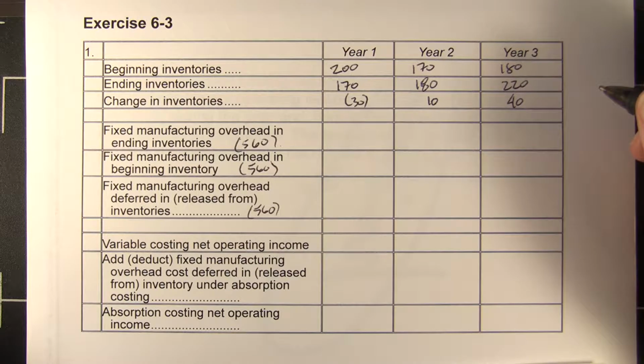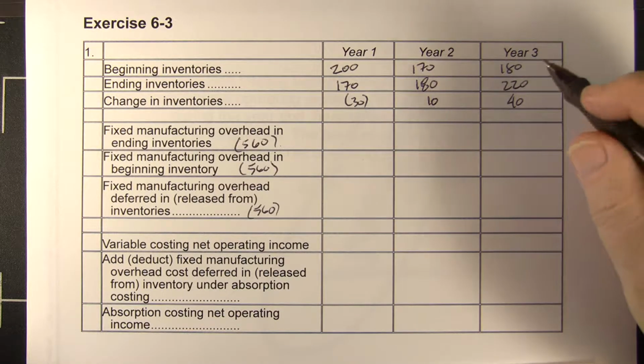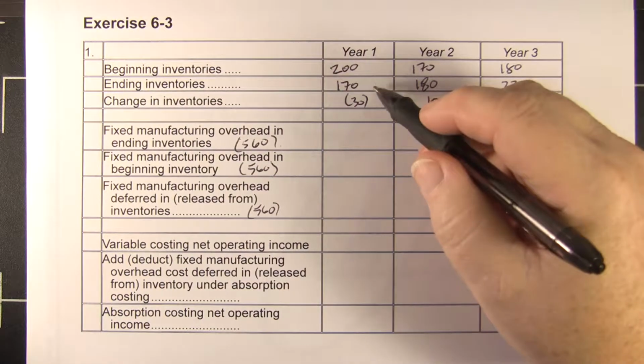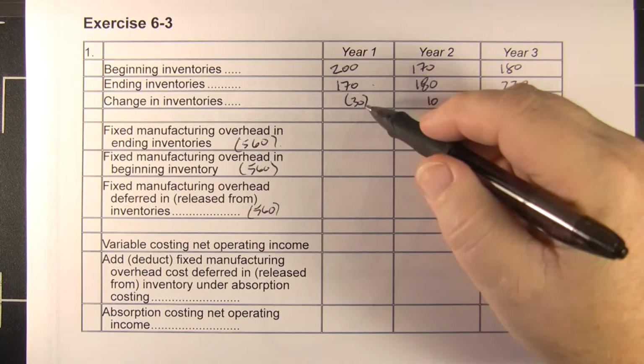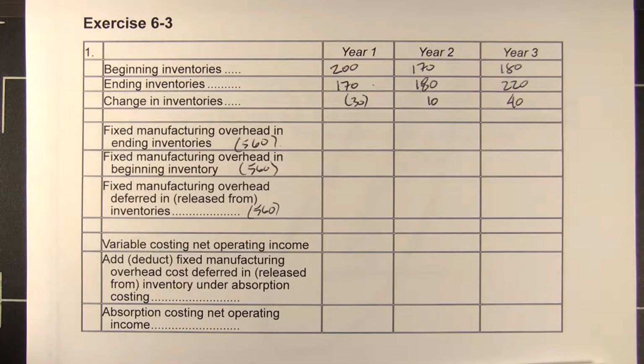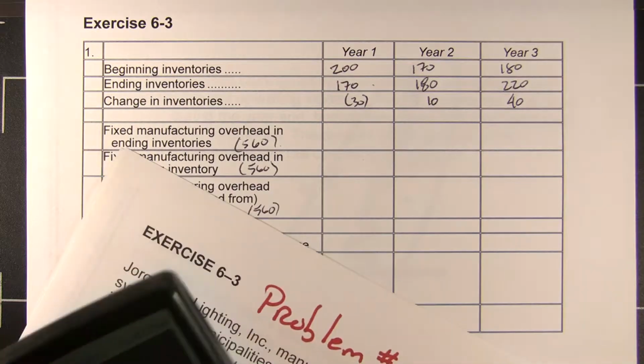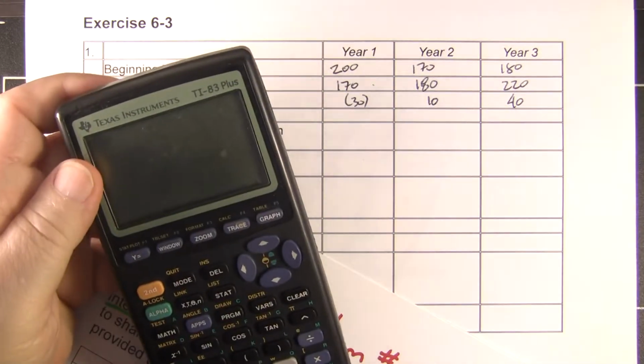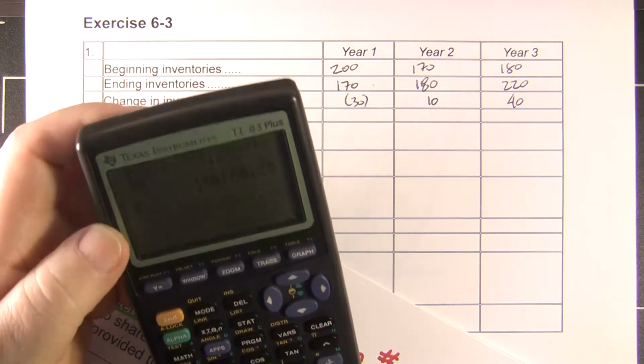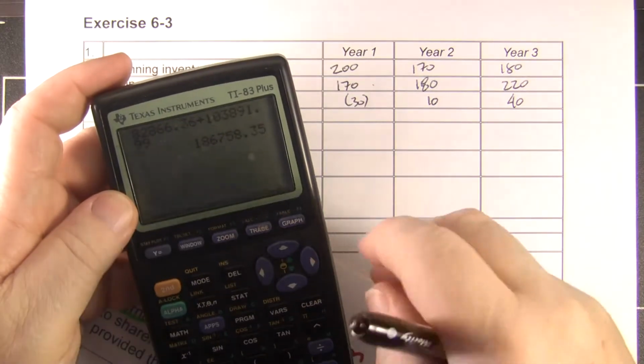Okay, so let's go through and take a look at the fixed manufacturing overhead in the ending inventories. All we need to do is take the ending inventory of 170 and multiply it by 560. Can you see that? Just barely.